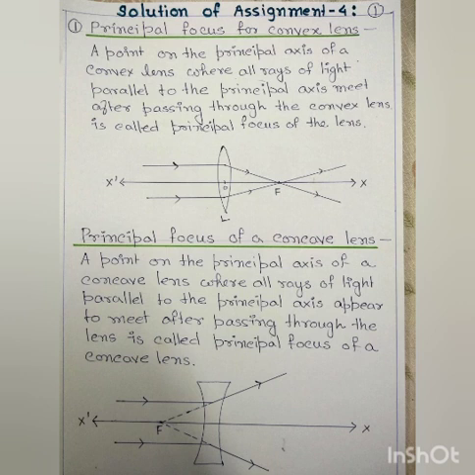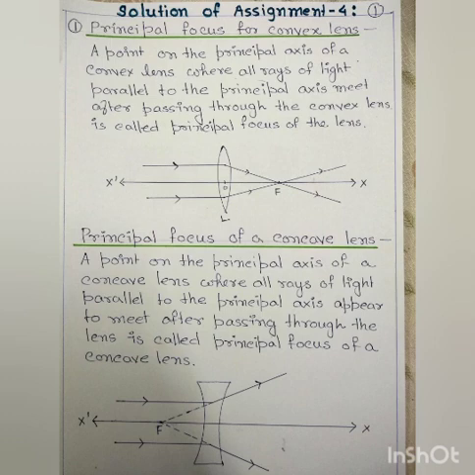See here, for the principal focus of a convex lens, the refracted ray will actually meet at a particular point on the principal axis, and for a concave lens it will appear to meet. Clear? So for both situations, whenever you write any definition for a mirror or lens, don't forget to draw the diagram also.